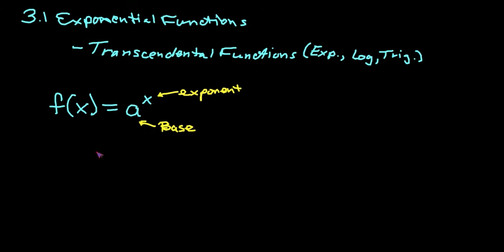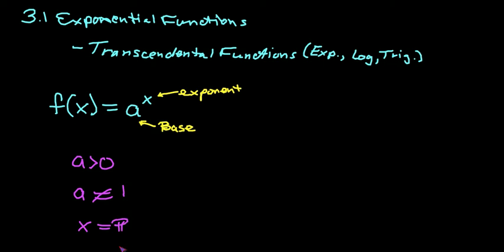All right, now a couple things that we need to set up here. The ones that we're going to consider right now are positive bases. We're also going to require that a is not equal to 1, and our x value is any real number.